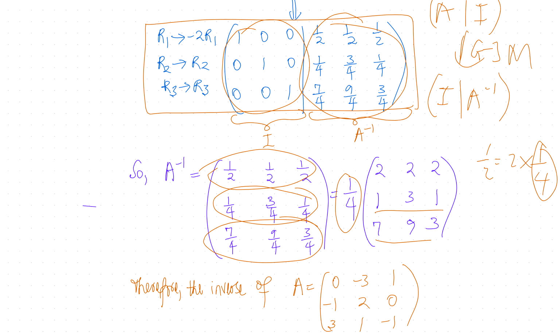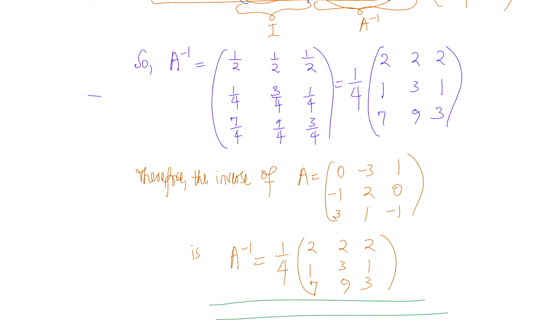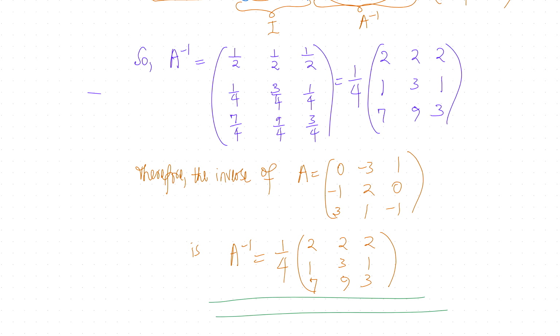Therefore, the inverse of A, which is 0 minus 3, 1 minus 1, 2, 0, 3, 1, 1 minus 1, is A inverse, which is equal to 1 over 4 times 2, 2, 2, 1, 3, 1, 7, 9, 3. And that's how to do the Gauss-Jordan method.